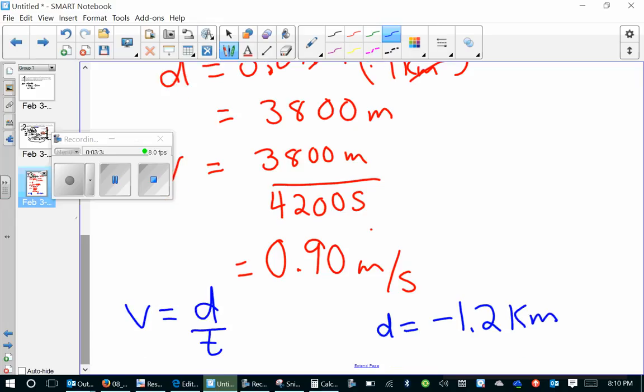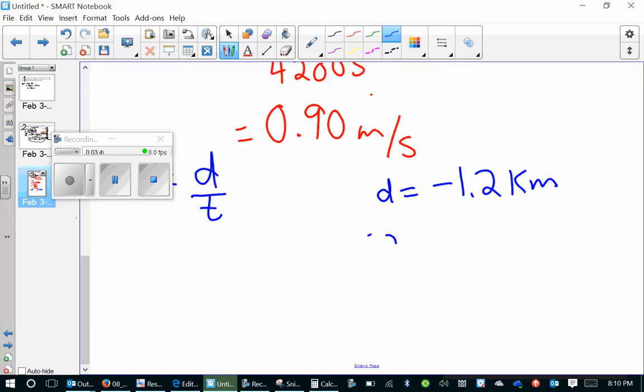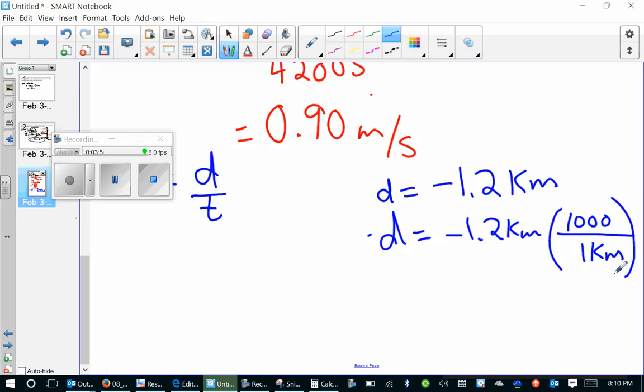Okay, we need to convert kilometers into meters. And we know that we put kilometers on the bottom. That's 1,000 meters. Displacement is negative 1,200 meters. 2 sig figs.